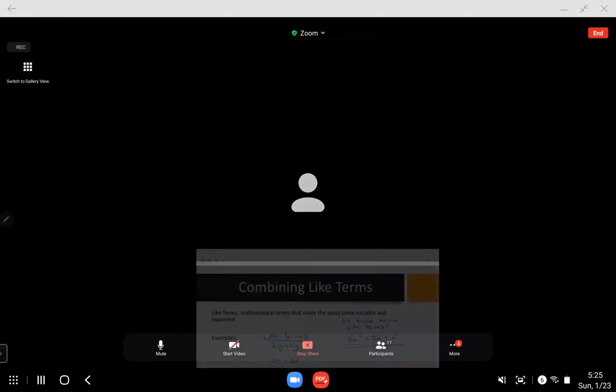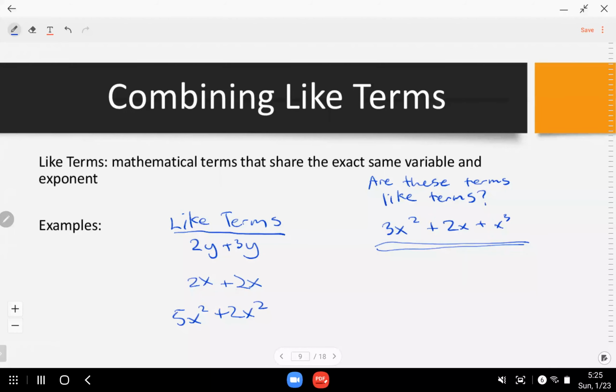Very good. So the thing is that they're actually not like terms. You can't actually combine these. Why? Because a lot of you overlooked the second condition here. They need to have the same exponent.